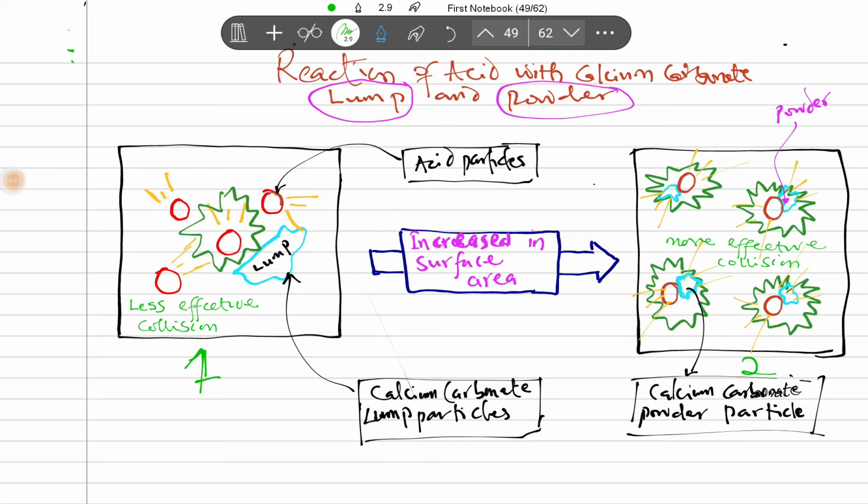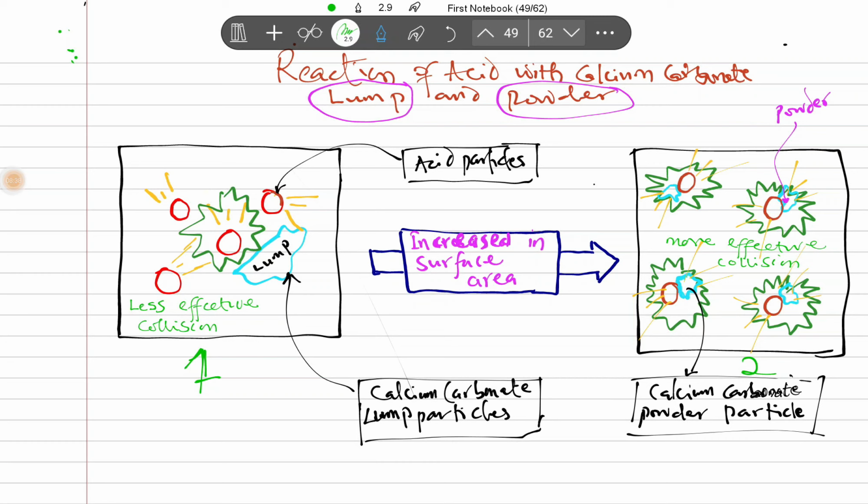In the second box, the reaction of acid with powdered calcium carbonate, we have more effective collision because the surface area has been increased.